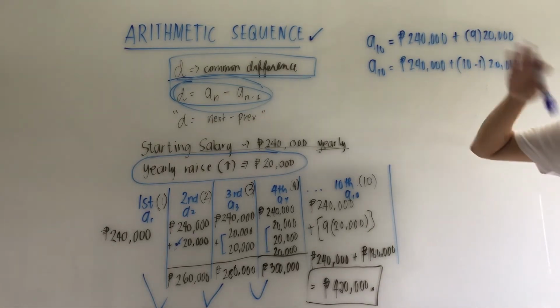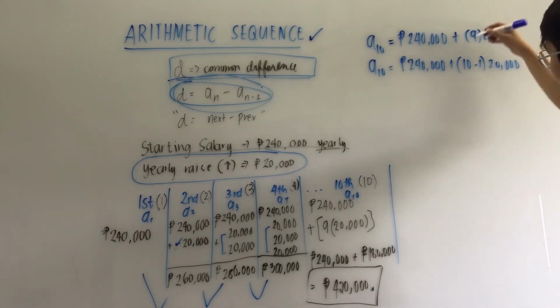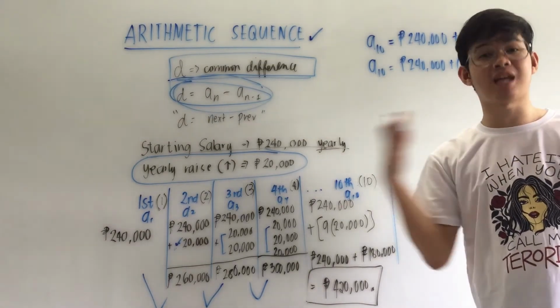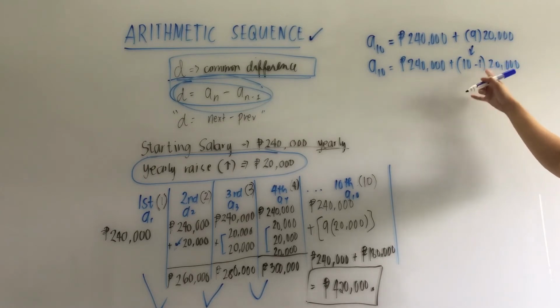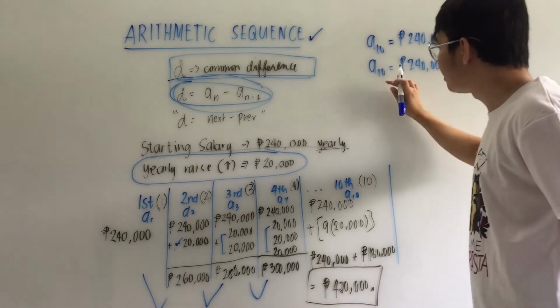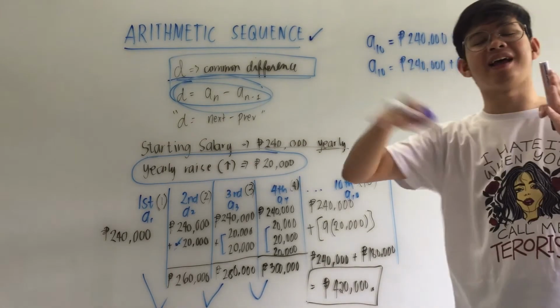So now, 240,000 plus 10 minus 1, this is the same. We are just going to generalize everything, okay? So A sub 10 equals 240k plus 10 minus 1 times 20k. So therefore, let's now change 10 to n to generalize the formula.